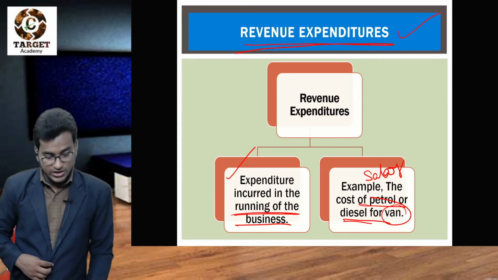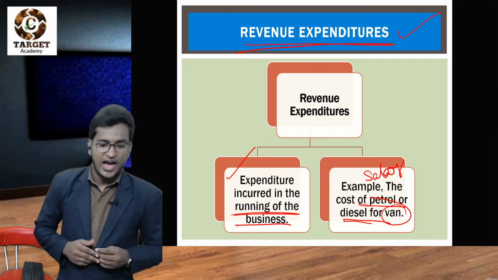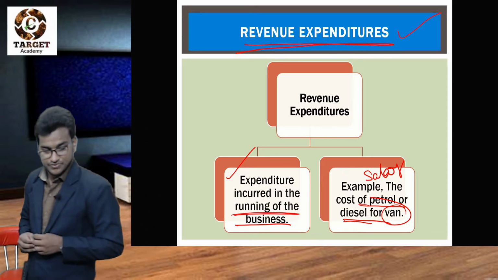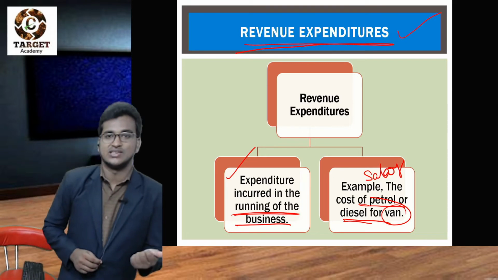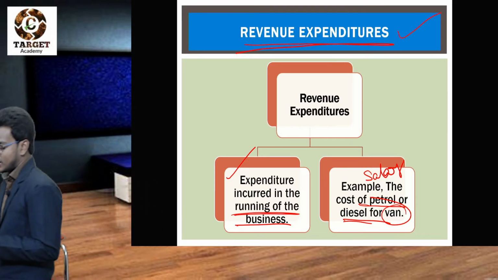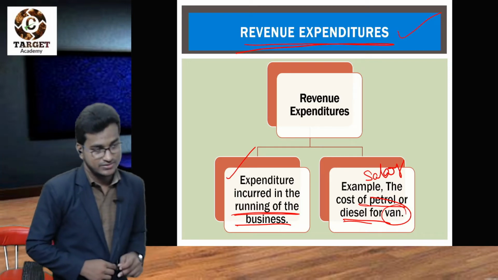After that, revenue expenditure. Revenue expenditures are simply not capital expenditures. They are expenditure incurred for running the business. Examples: salaries, rent, power, electricity. All these are examples for revenue expenditures.